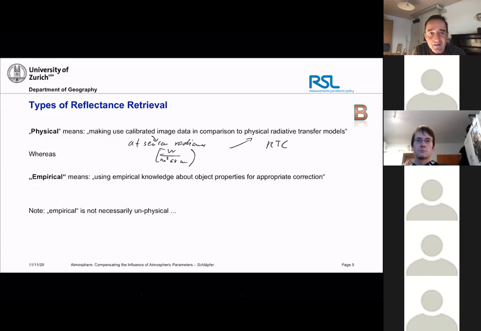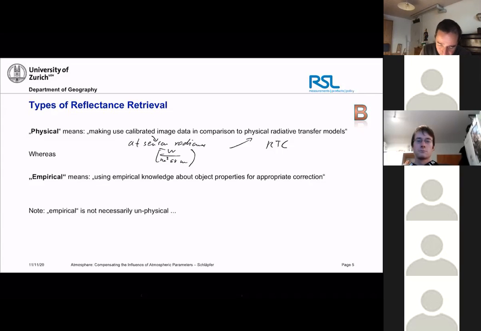And then on the other hand, there are the so-called empirical methods, and those are using empirical knowledge about the properties of the object. So one has some knowledge, or one assumes for certain targets, for instance, that we know the reflectance on the ground, and then one can adjust the calibration.